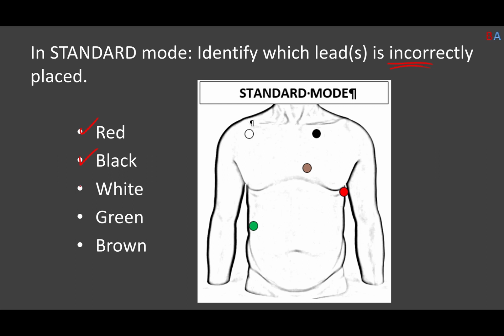The white one's absolutely correct. The green one is absolutely correct. But that brown one is on the wrong side of the sternum. It actually needs to be on the right side of the sternum, not on the left. So of those, it's black, brown, and red. All three of those are incorrectly placed.